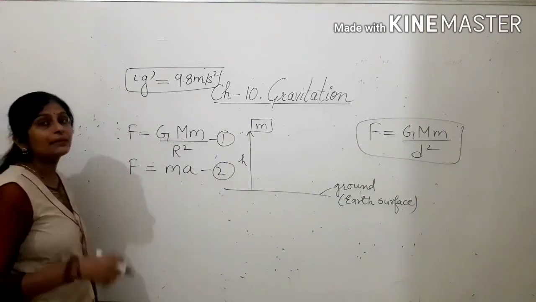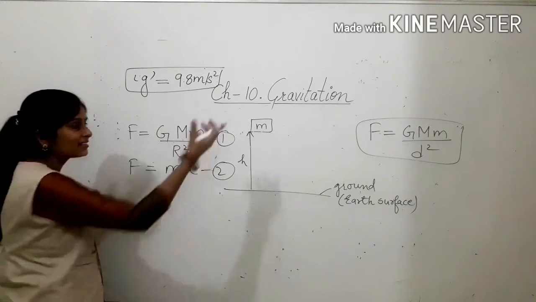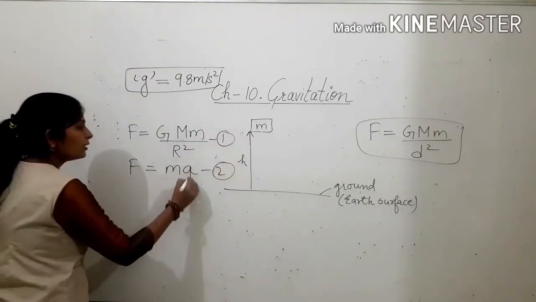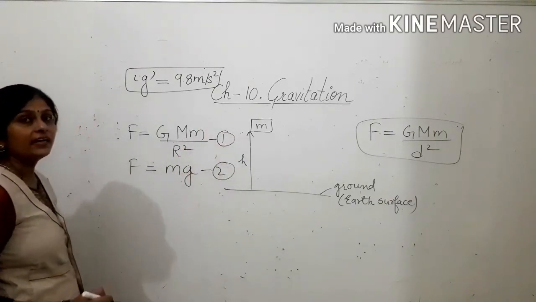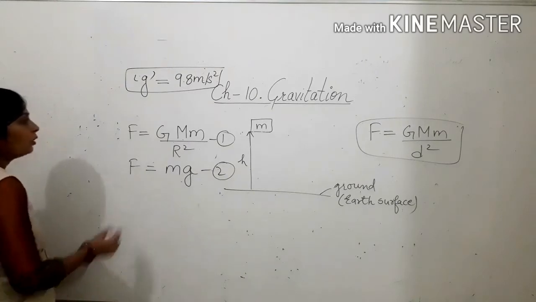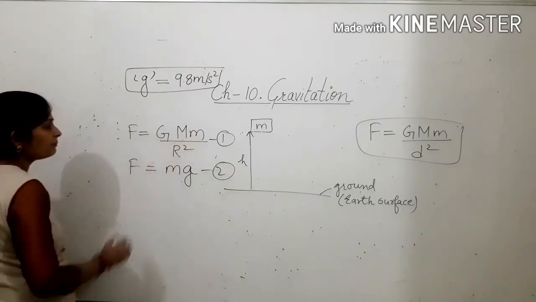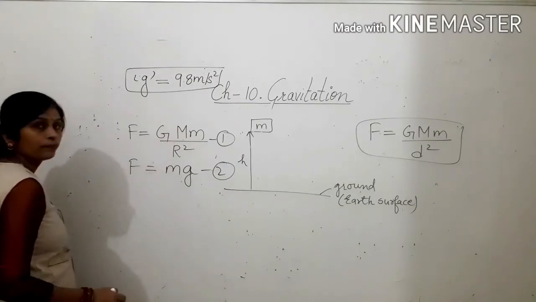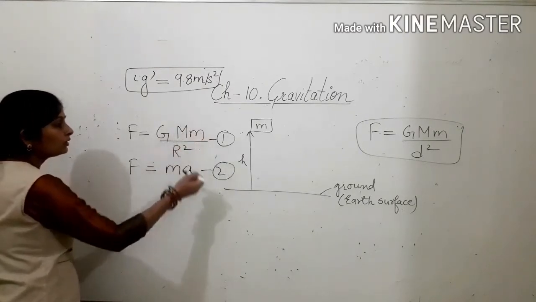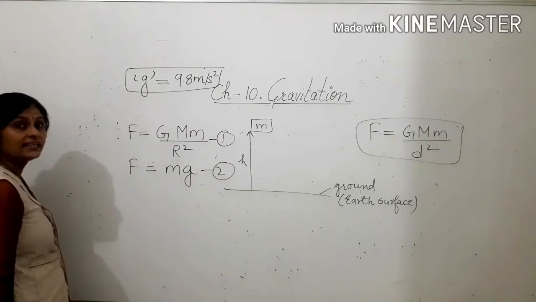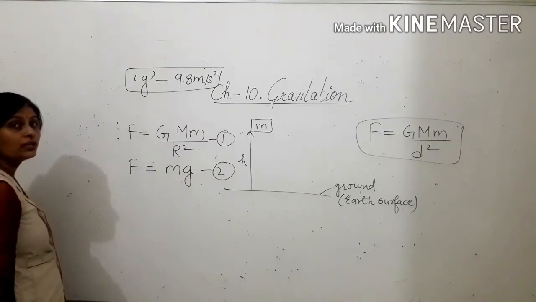So it is not a simple kind of acceleration, it is acceleration due to gravity. So in place of a we write g. Now F is equal to G M m upon r square. This is the first step. F is equal to mg. So both these sides are also equal to each other.